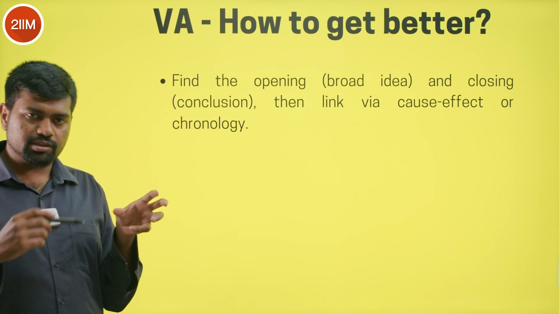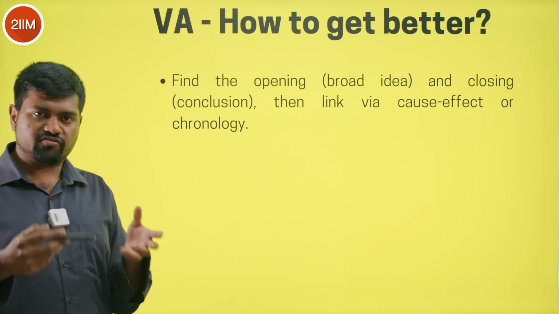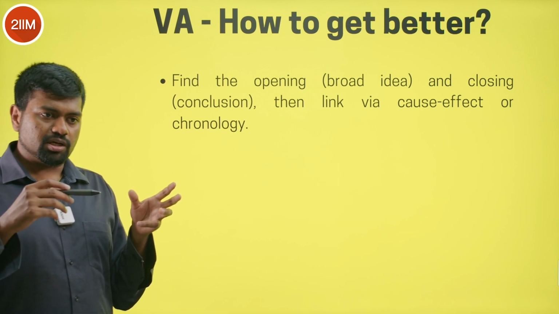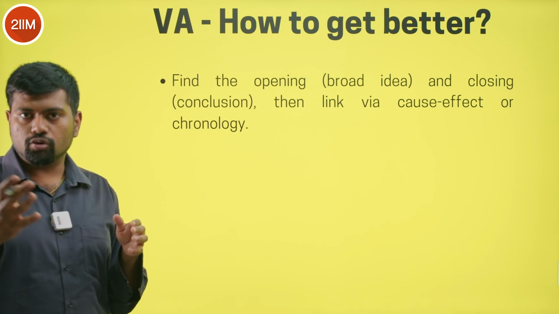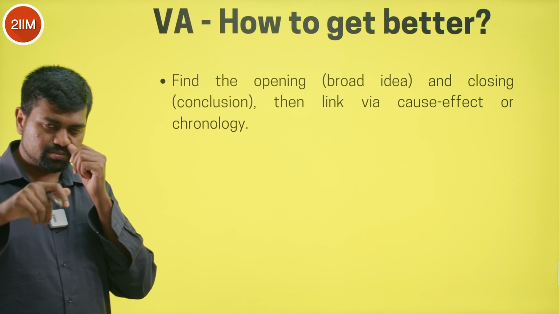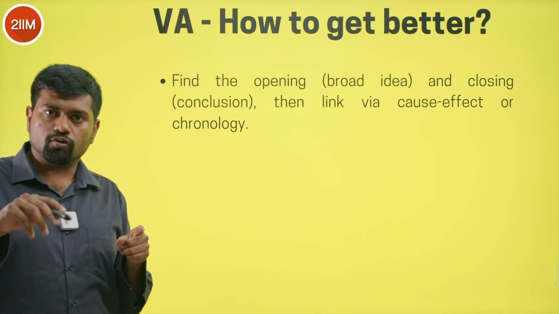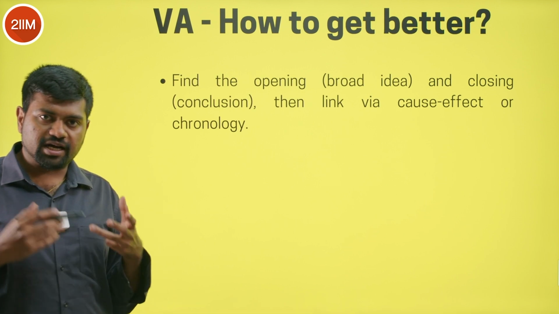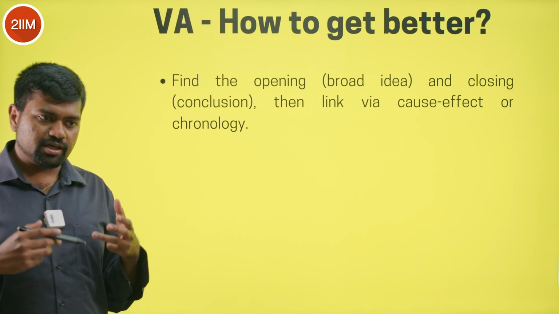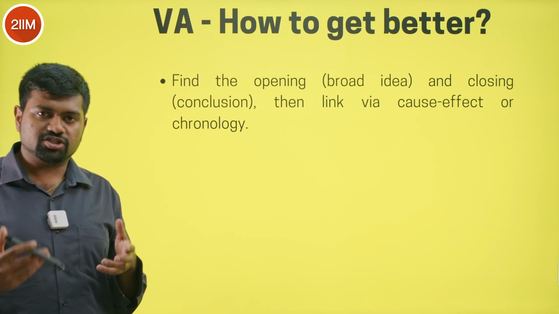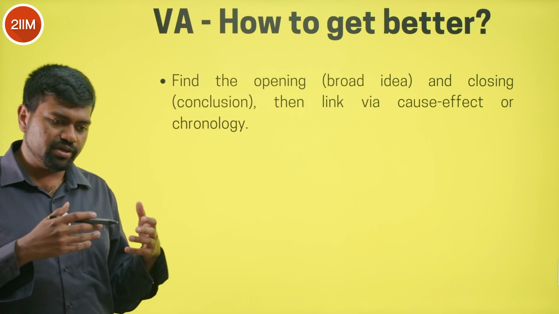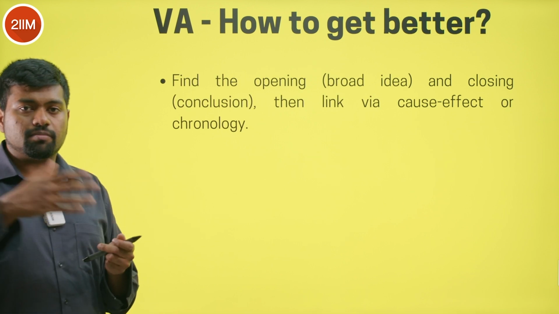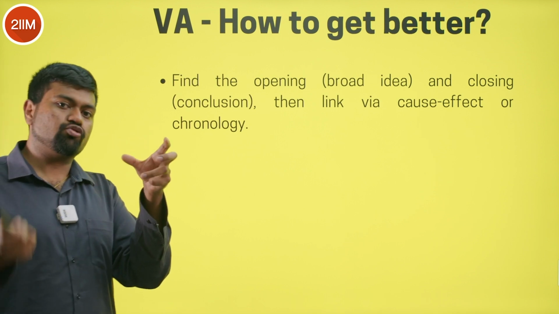Try to link cause and effect. There's usually a chronological flow, and you can maybe link events based on that chronological flow, or there could be a flow of an idea. And the way that idea is discussed is that the idea might be introduced, and then in some other line that idea might be expanded upon, and then in some other line there could be a counter argument to that idea.